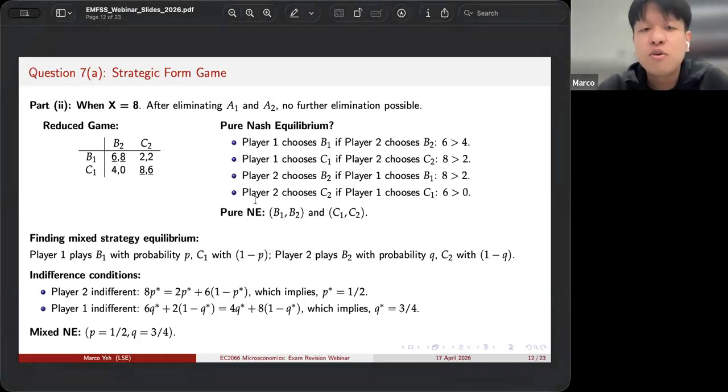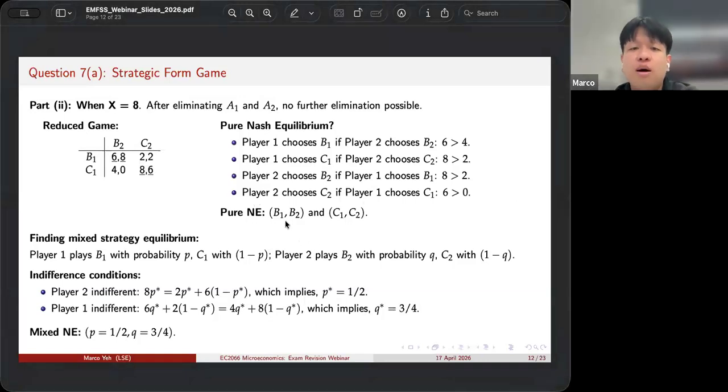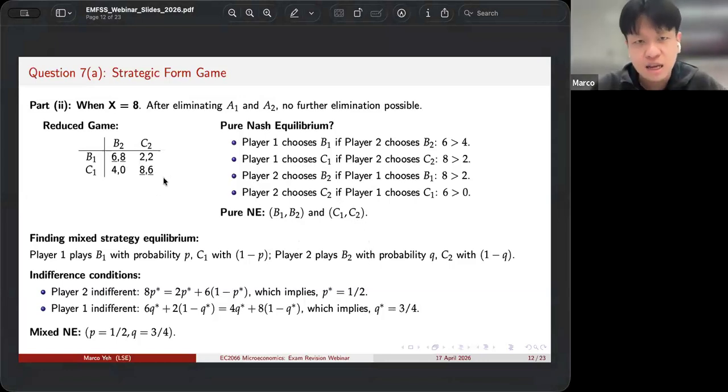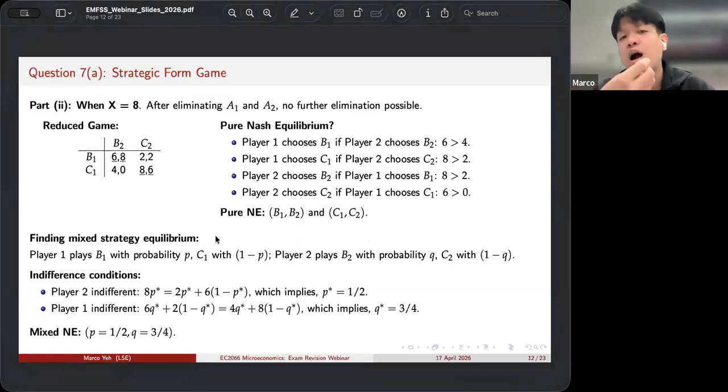Now, again, make sure that you have your pure Nash equilibrium B1, B2, C1, C2, rather than 6, 8, and 8, 6. Now, before I find the mixed Nash equilibrium, if I were sitting in this exam and was asked about the pure Nash equilibrium, I will include 1 line or even 2 to briefly explain the definition of a Nash equilibrium.